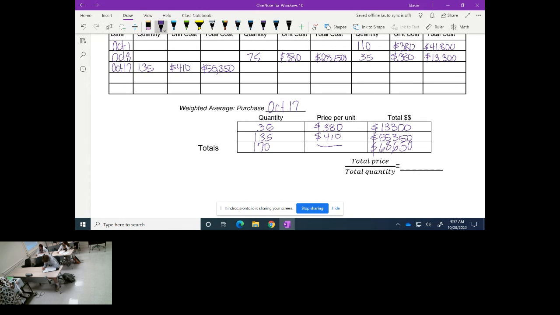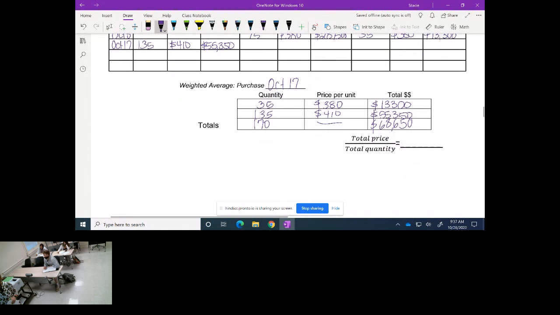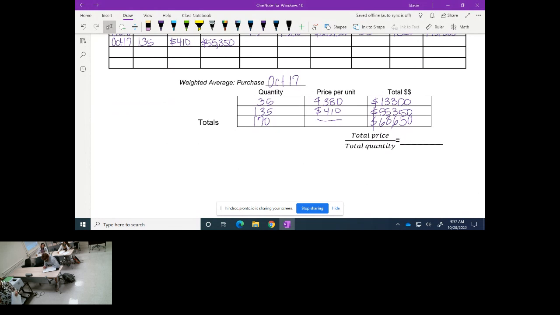If we were using LIFO or FIFO, this breakdown is fine. But because we're using weighted average, every time we make a purchase, we have to recalculate what our per unit cost is. What weighted average means is we've got more units at 410 than we do at 380, so we've got to weight them based on the number at each cost currently. You'll take your total price of $68,650 and divide it by the number of units you have.